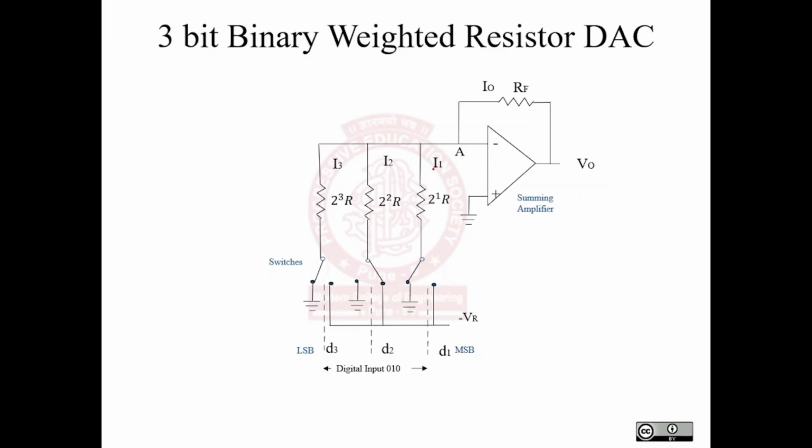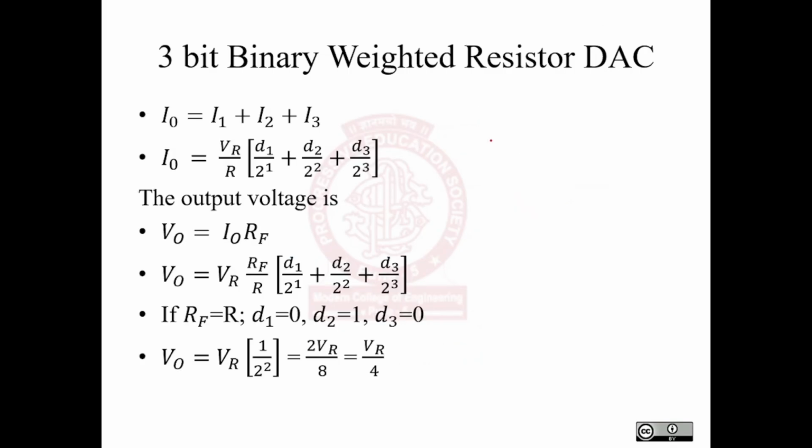So we can write the equation as IO is equal to I1 plus I2 plus I3, as the current going into the input of the op-amp is 0.